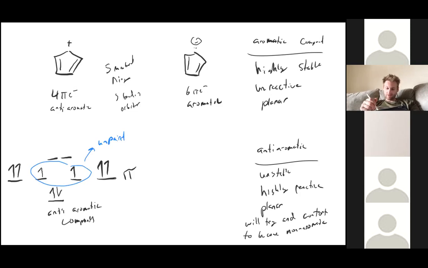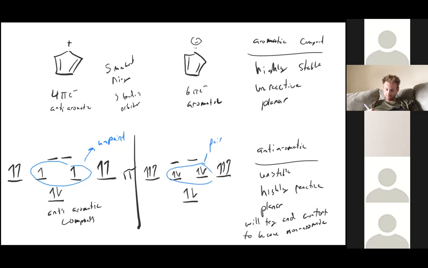Versus this other 6 pi electron system, now we've got them paired in our highest energy orbital, which is what makes this so stable. When we have these unpaired electrons, they're going to want to react as much as they can.